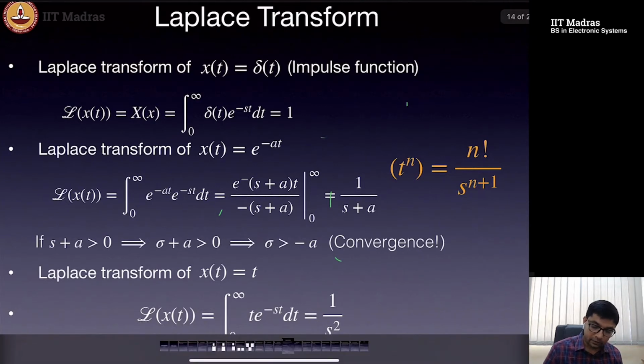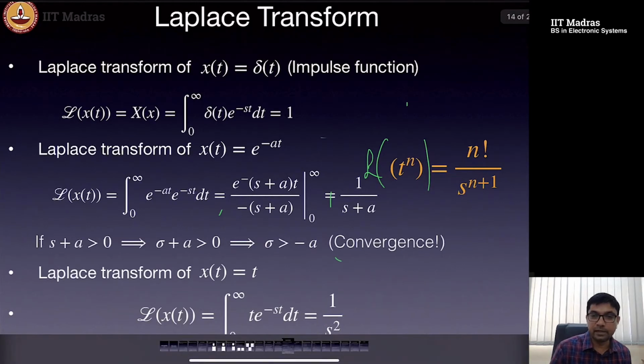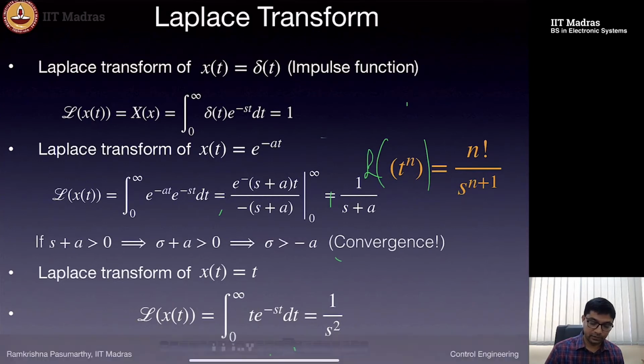In general, if I have the Laplace transform of a signal t power n, the Laplace transform of t power n will be n factorial over s power n plus 1. Again, this is a similar derivation to what we had done for x of t equal to t.